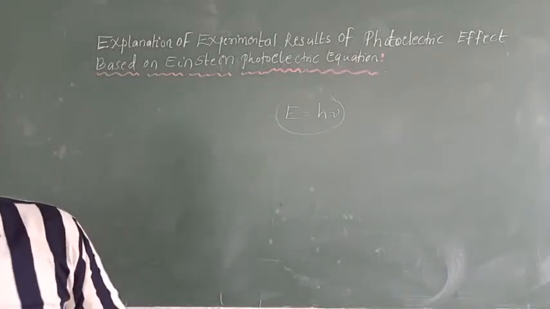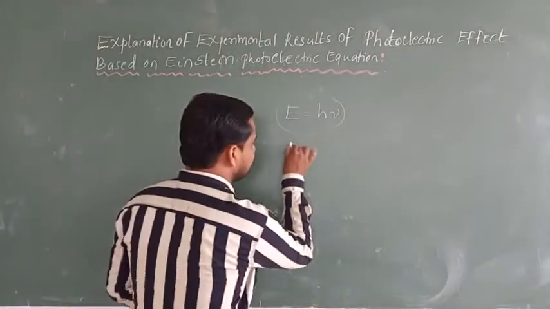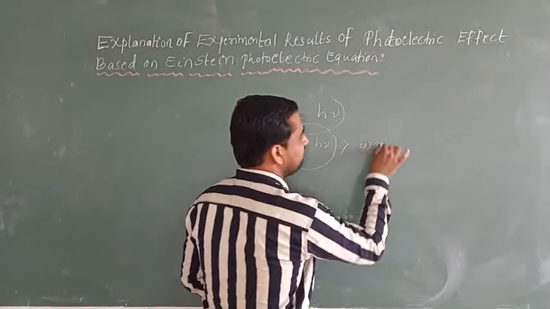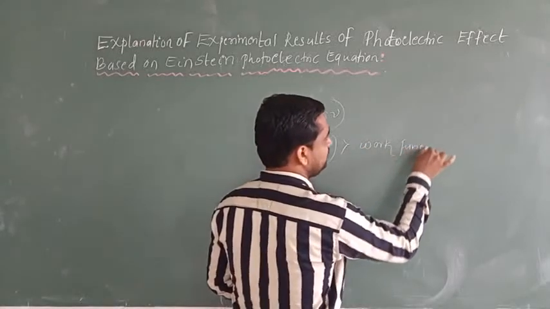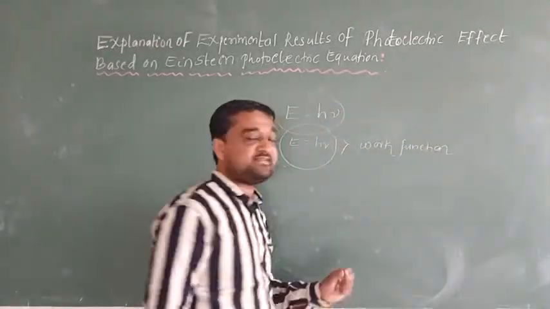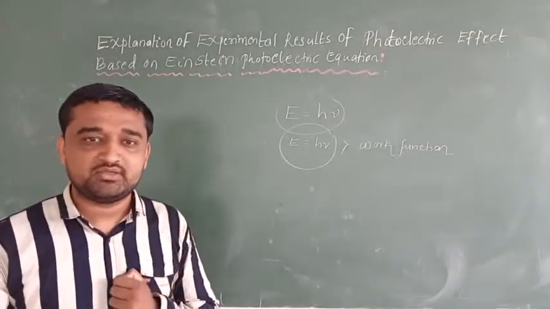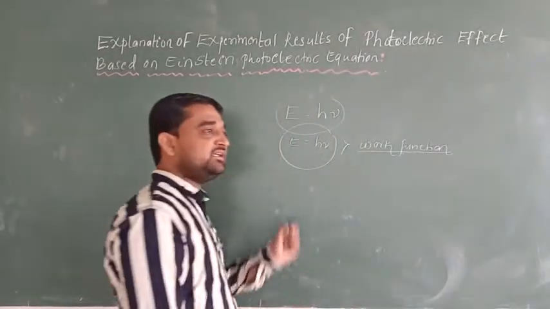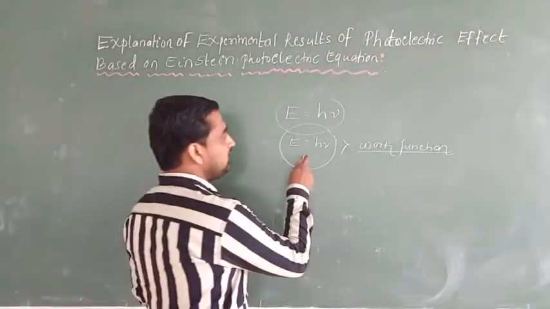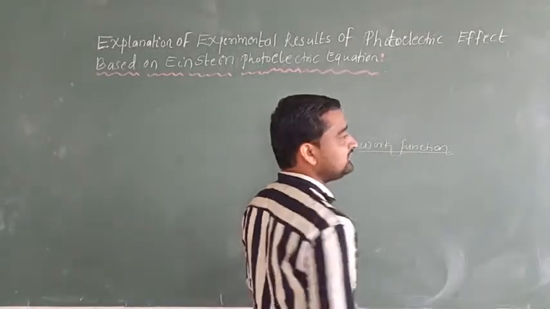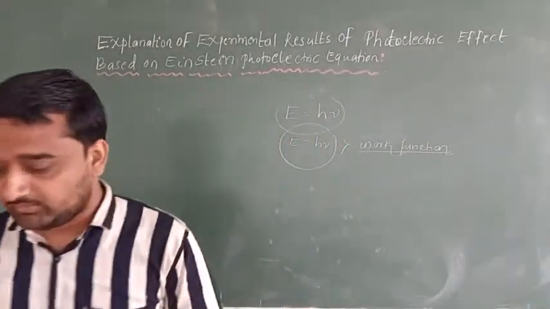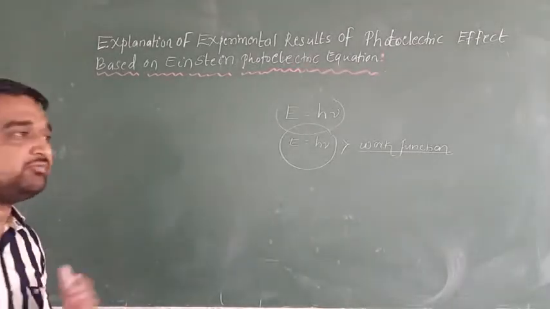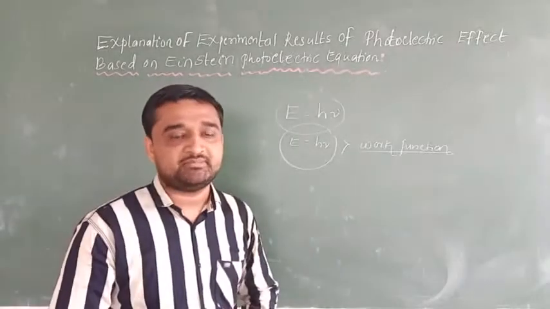If this energy is greater than the work function of the metal, the electron is liberated. The minimum amount of energy required to liberate the electrons from the metal surface is called the work function. The incident energy of the photon must be greater than the work function energy. Then only the electron will be liberated or ejected from the metal surface.